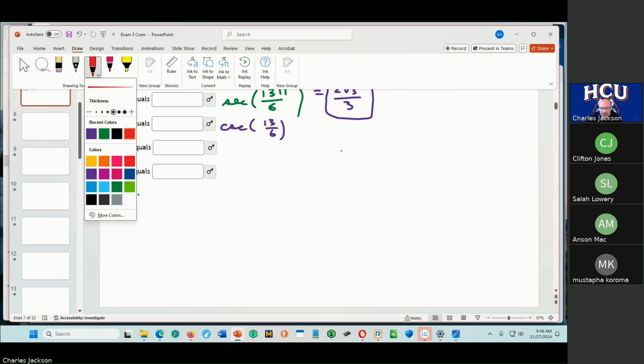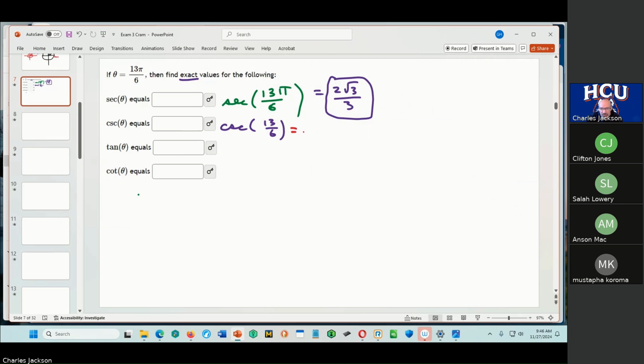Cosecant 13 pi over 6 is the same as cosecant, subtract 2 pi, of pi over 6, which is 1 over the sine of pi over 6.